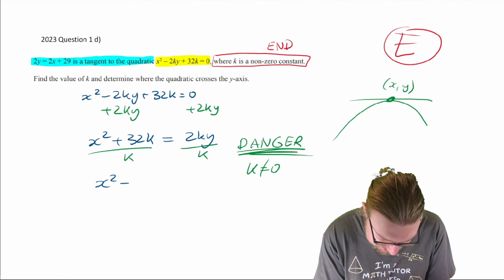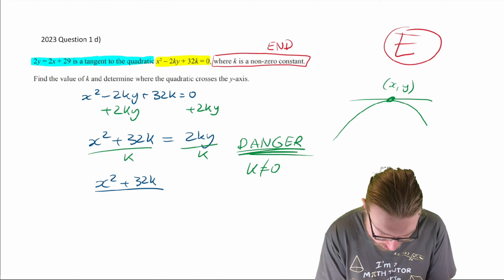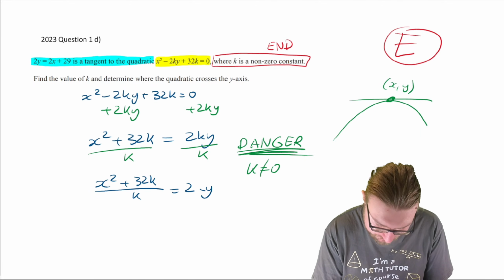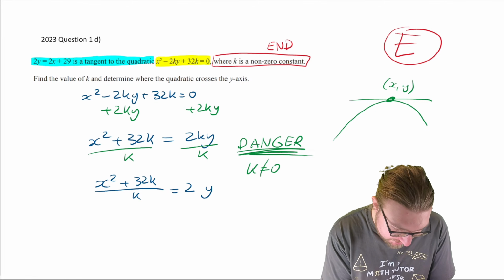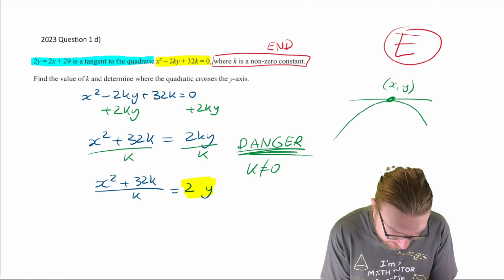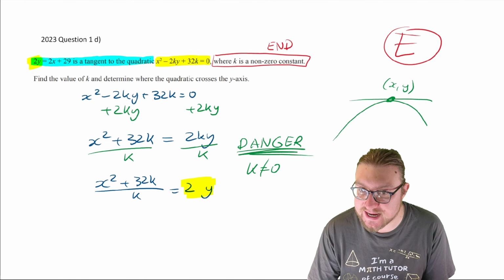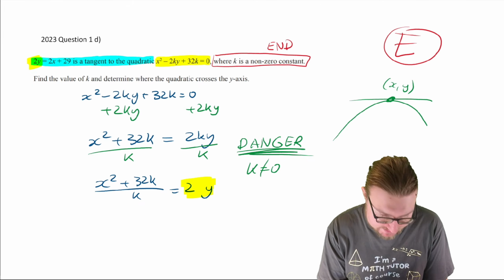So we're going to get x squared plus 32k all over k is equal to 2y. Now what we have here is a 2y, and we have a 2y here, and we know those are going to be the same because the y's are the same.